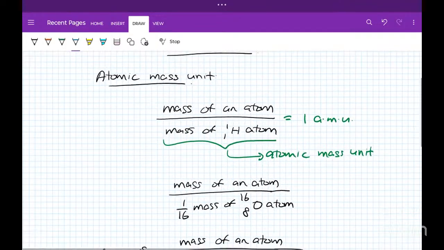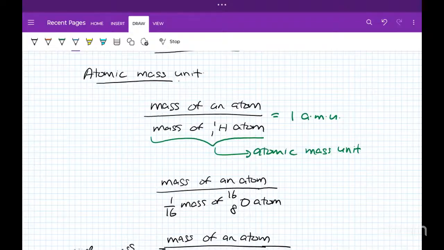Write the topic: atomic mass unit. Calculation of the mass of an atom is complex when SI units are used.